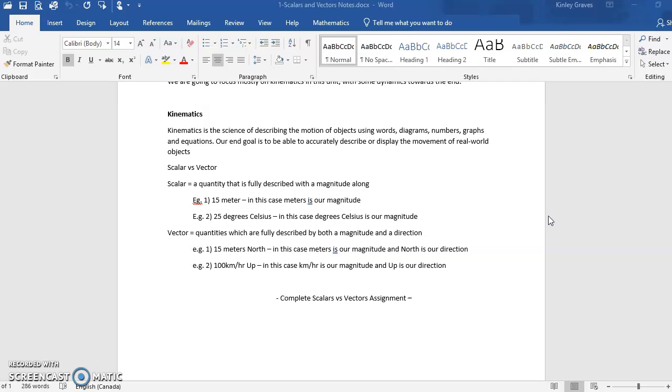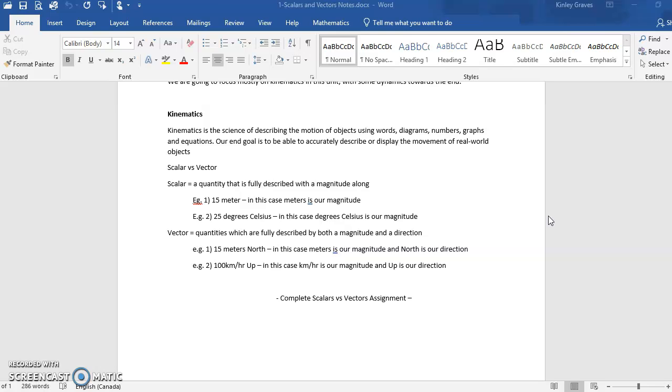Kinematics is the science of describing the motion of objects using words, diagrams, numbers, graphs, and equations. Our end goal is to be able to accurately describe or display the movement of real-world objects. So if you're thinking at home like, oh, I'm never going to use physics, this is actually something that you would use all the time. This is something that you kind of already talk about.